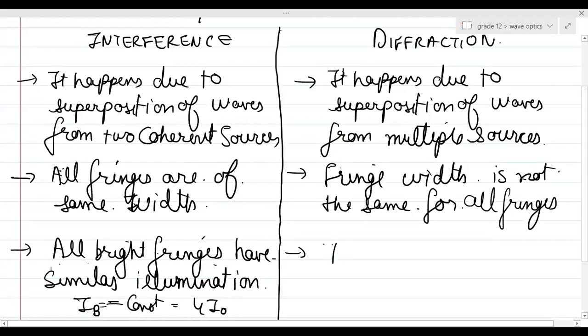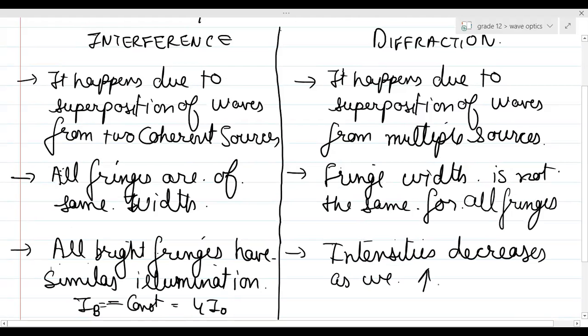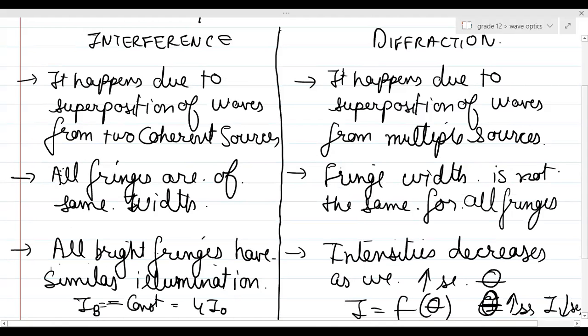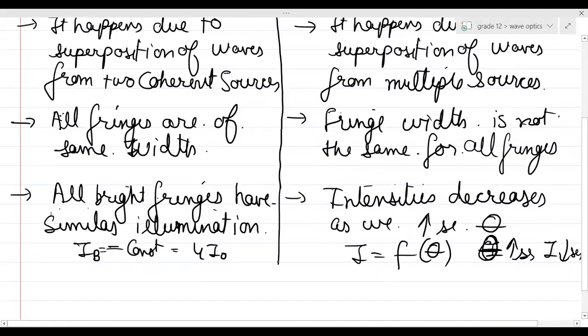Whereas here the intensity decreases as we increase theta. Do you remember? Intensity was given as a function of theta, and I already talked about how when theta is increased, intensity decreases. In the last class, I think we have already talked about this, right?